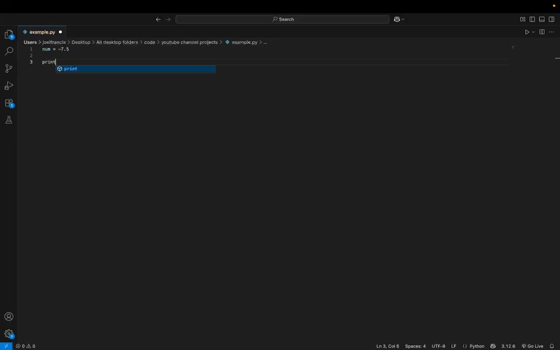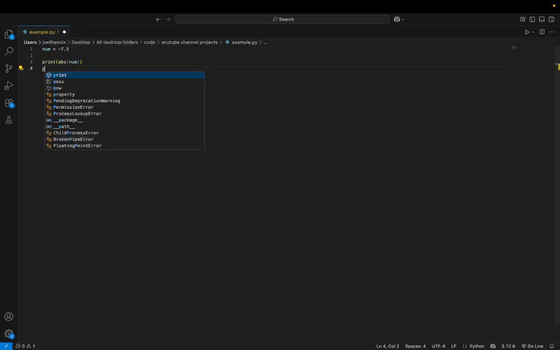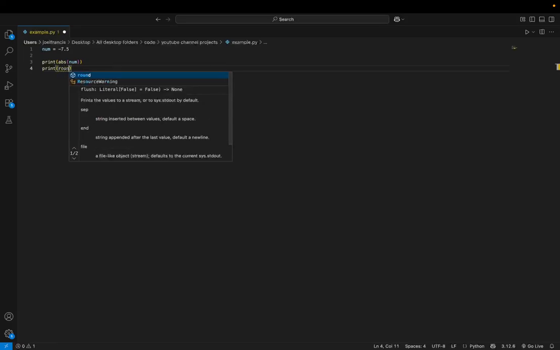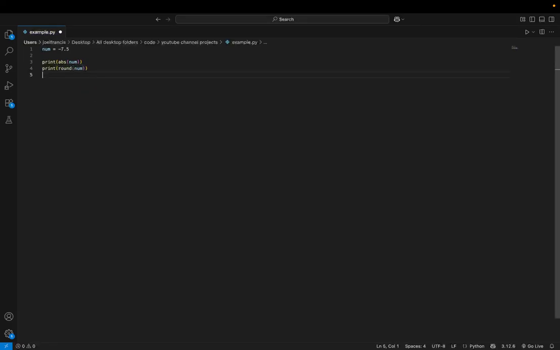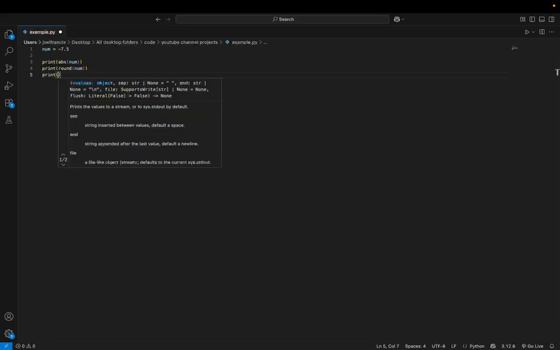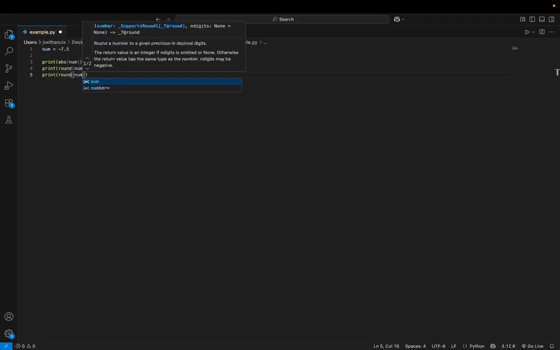So print abs parentheses num, print round parentheses num, and print round parentheses num comma 1.